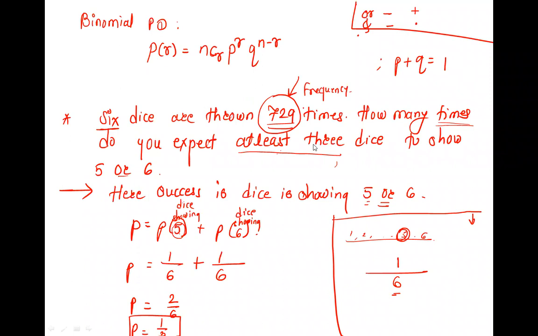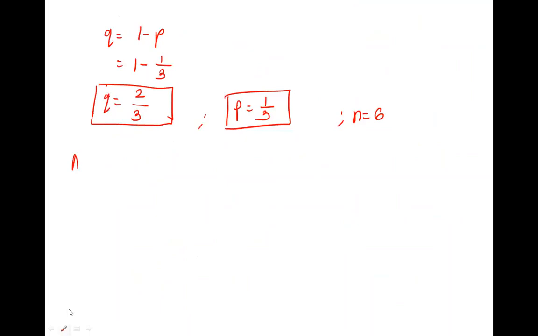So at least 3. Is this the condition? Yes. So at least 3 is what? R greater than or equal to 3. At least 3 means three or more, so R is greater than or equal to 3. It means we have to find the probability of R greater than or equal to 3.